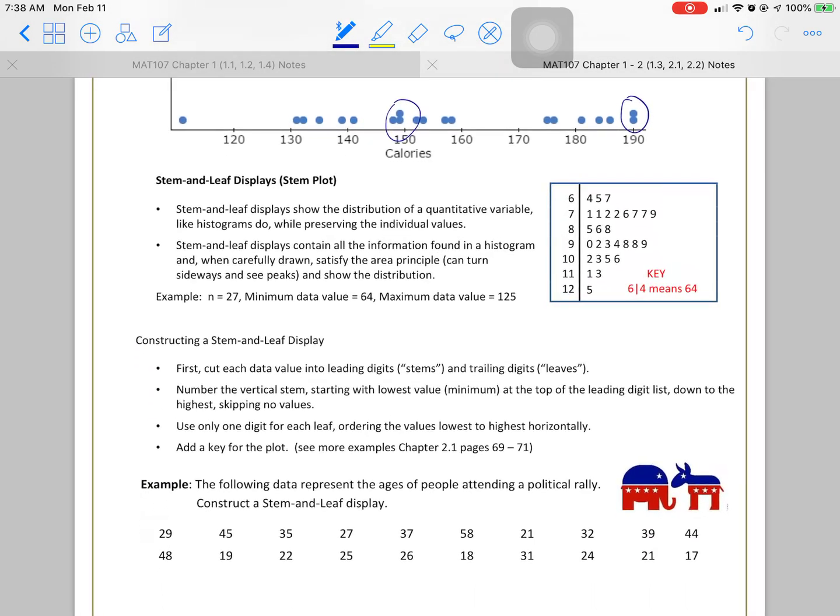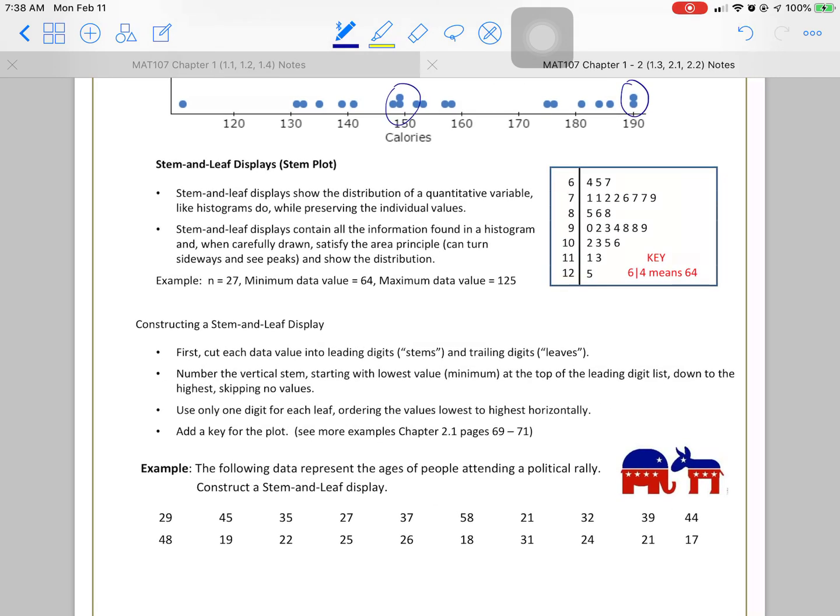Stem and leaf plots are another way to display. This is a stem and leaf plot over here on the right. The 6 through 12 is the stem. All these others are the leaves. Okay. There's always a key for stem and leaf plots. That means that 6 with a line in between and a 4 means 64.